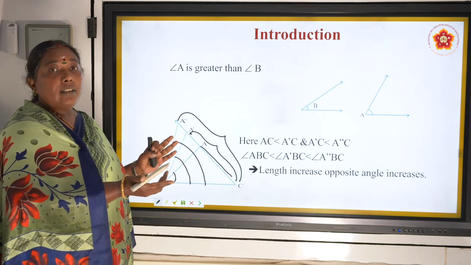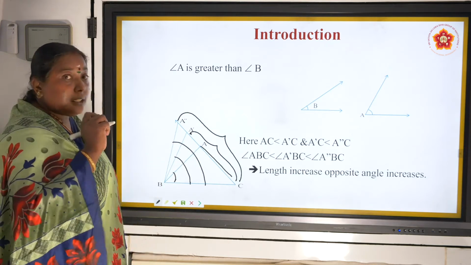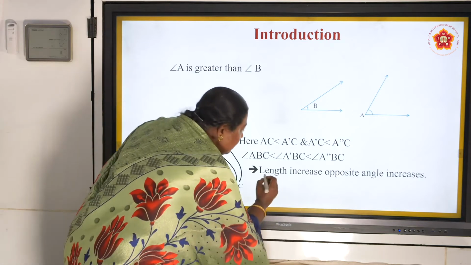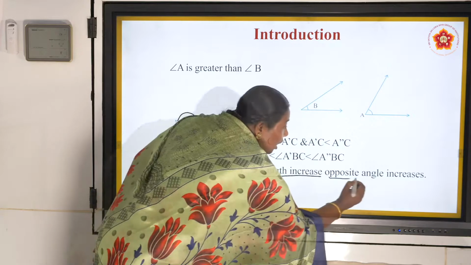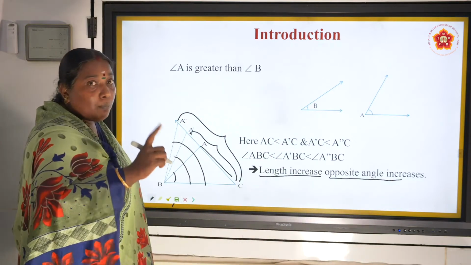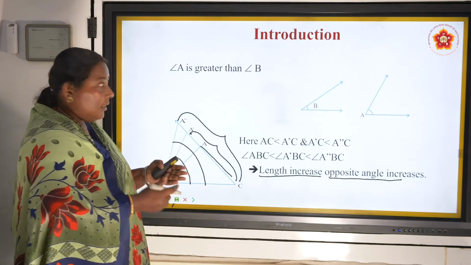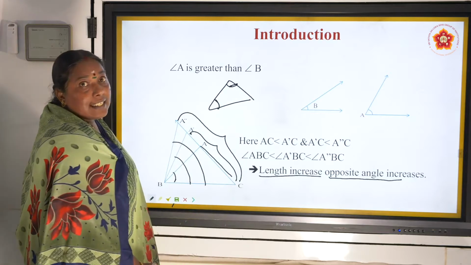Just now you were told that my angle never depends on the length of the arm. Carefully see that. Length increases when the opposite angle increases. We are not talking about the included angle. We are talking about the opposite angle and sides.